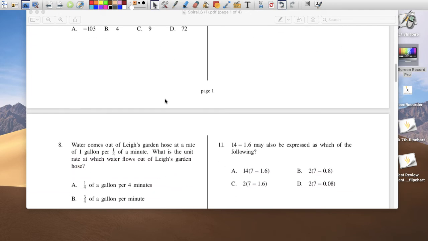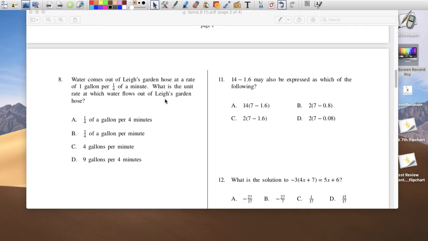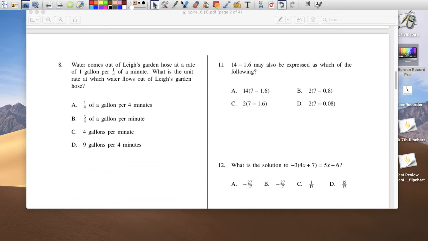So even though you have a calculator, don't assume. 14 minus 1.6 may also be expressed as which of the following. So first of all, 14 minus 1.6 is 12.4. So I know that this equals 12.4. So which of these also gives me 12.4? 7 minus 1.6 is 5.4, right?